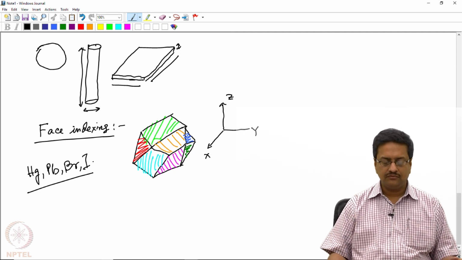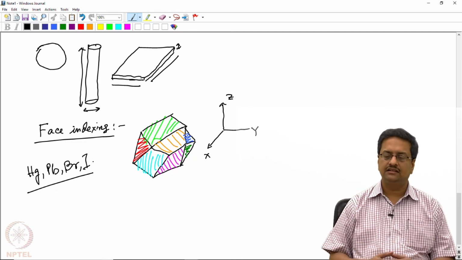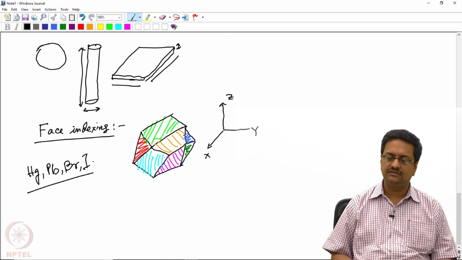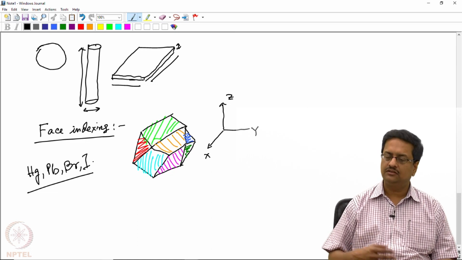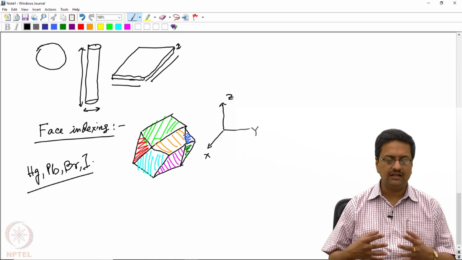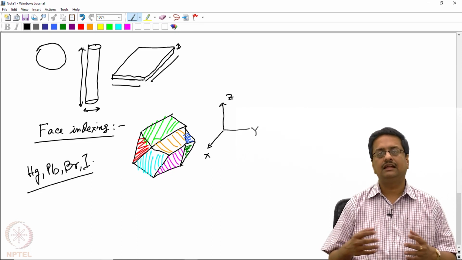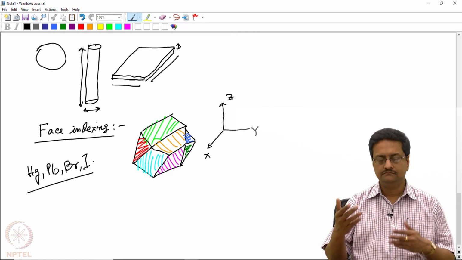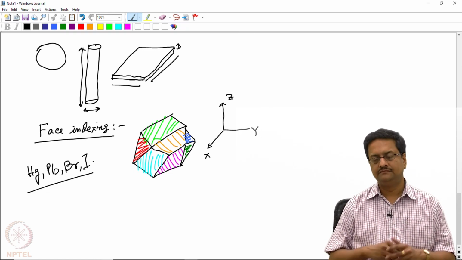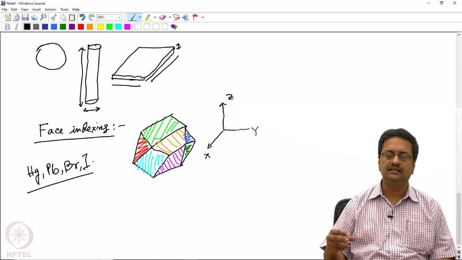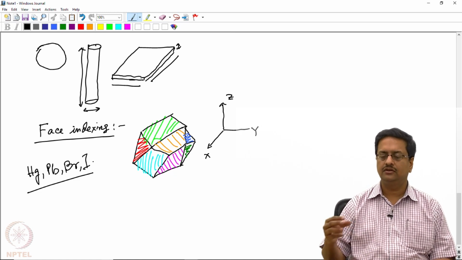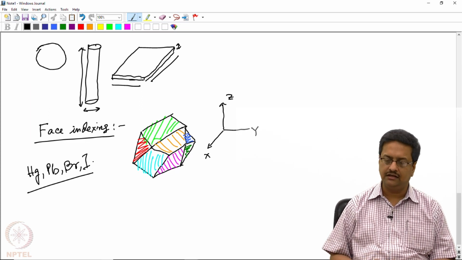In case of doing these data collections on crystals which are needle shaped or plate shaped, by default it is not possible to convert them to a spherical crystal. Then one can apply cylindrical or plate shaped crystal correction theoretically using computational results, and then proceed with the corrected data.